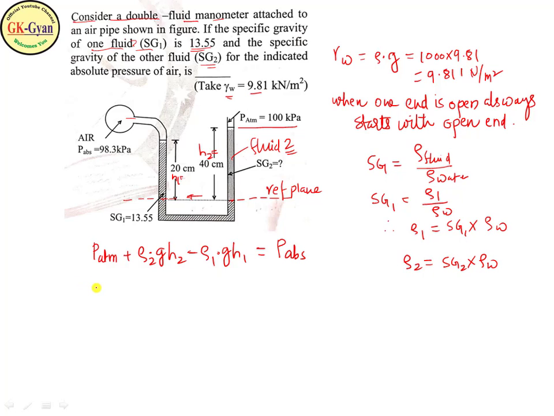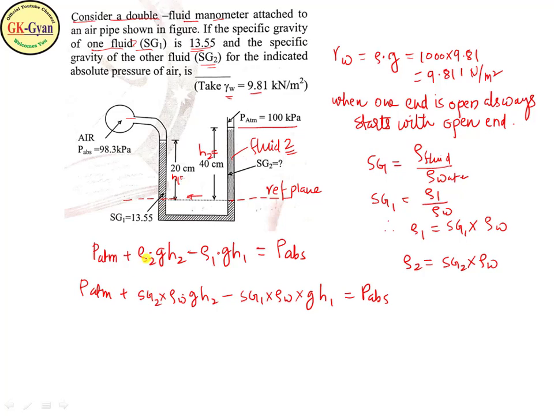So put the values here. P atmosphere plus rho 2, which is specific gravity into density of water into g into h2, minus rho 1, which is Hg1 into density of water into g into h1, equals P absolute.